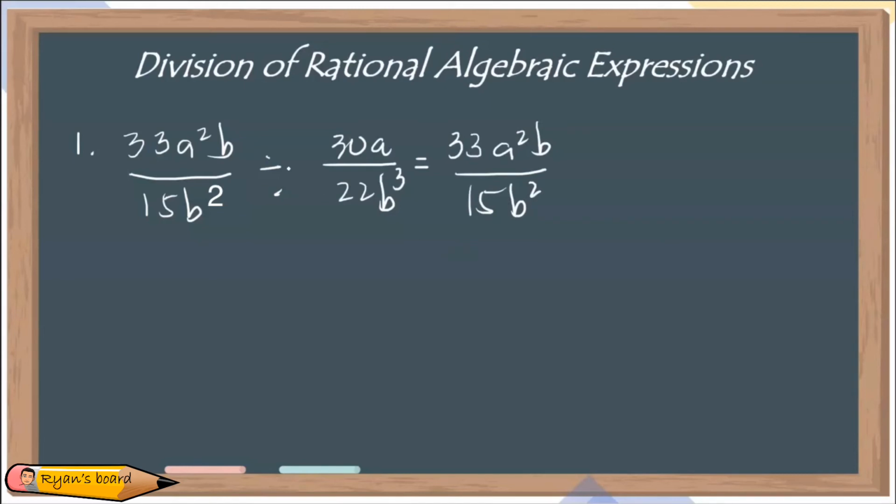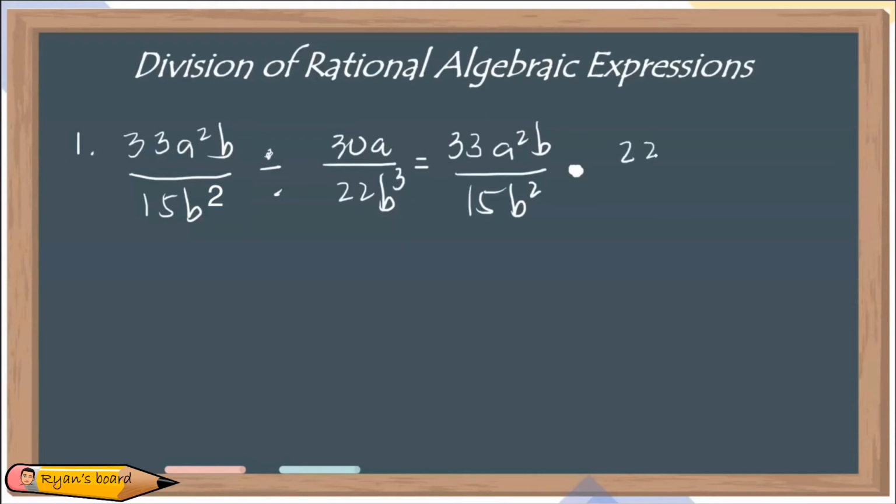Okay? Now, yung division symbol, gagawin mong multiplication. Okay? Laging tandaan na, pag division, gagawin multiplication. Then, find the reciprocal of your divisor. Pag sinabing reciprocal, yung denominator magiging numerator, yung numerator magiging denominator, babaliktarin lang.